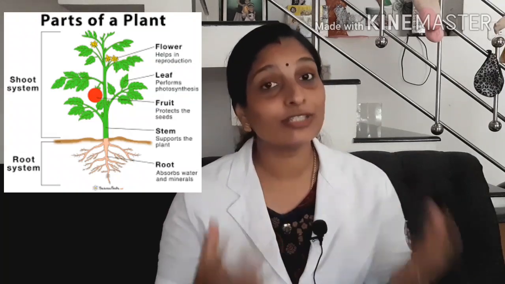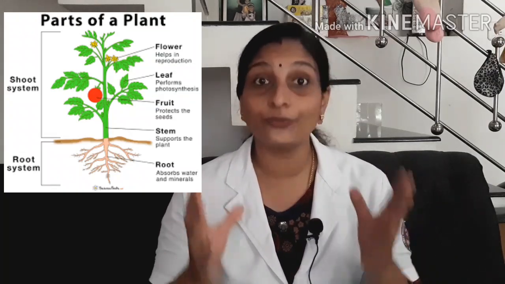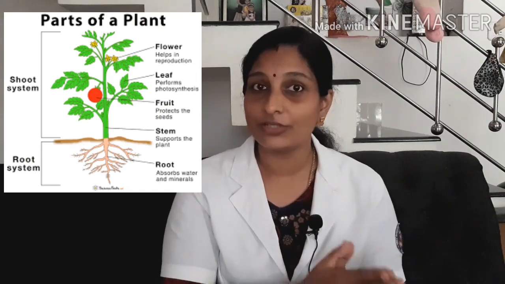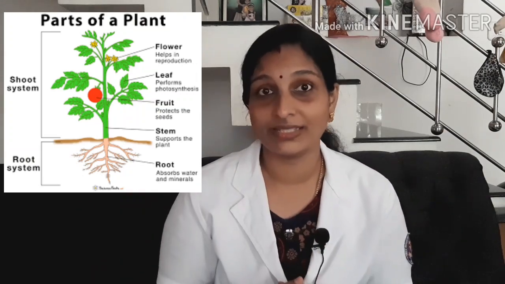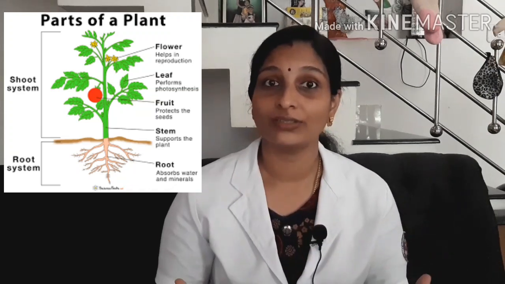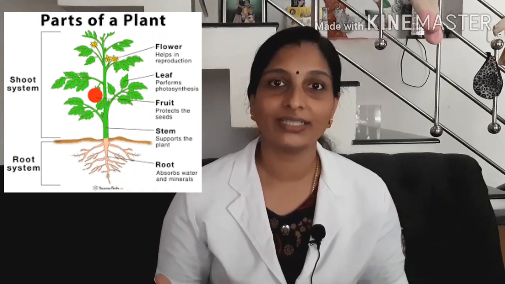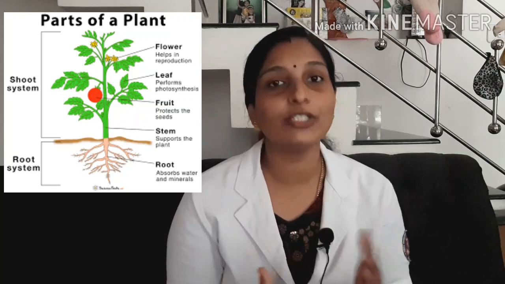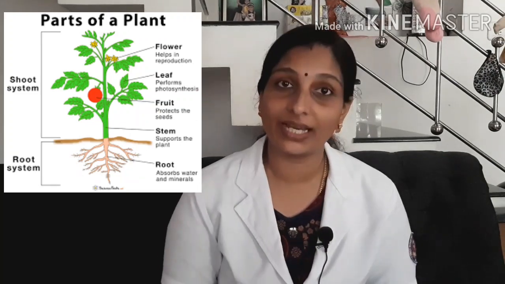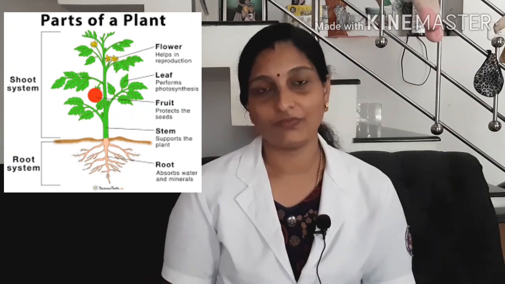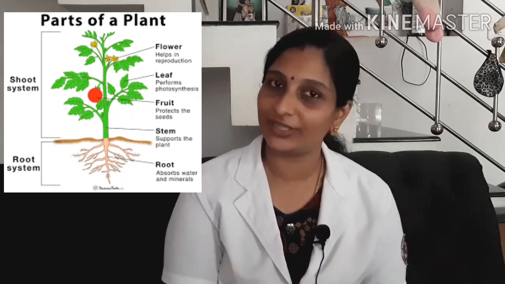Then it also distributes cooked food from the leaves to all parts of the plant. In some plants, the extra food is stored in the stem. Example: sugarcane. Potato, ginger, turmeric are the underground stems which store extra food.